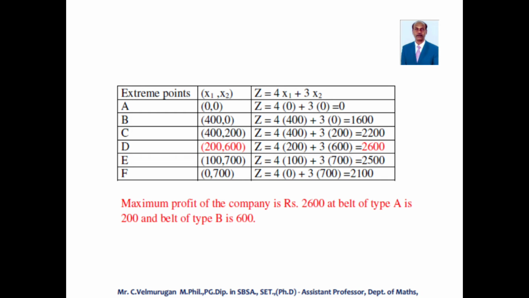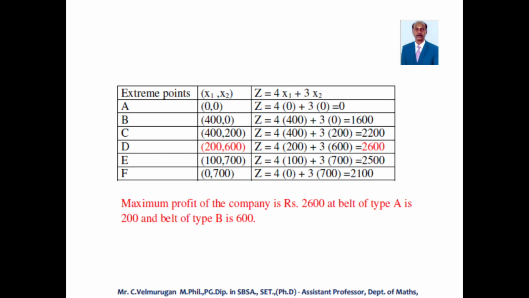Okay. So using point A, we get z is equal to 4 into 0 plus 3 into 0 equal to 0. We apply the x1 and x2 values here. Then automatically the z value is equal to 0. For point B, the x1 value is 400 and the x2 value is 0. So z is equal to 4 into 400 plus 3 into 0, we get 1600.